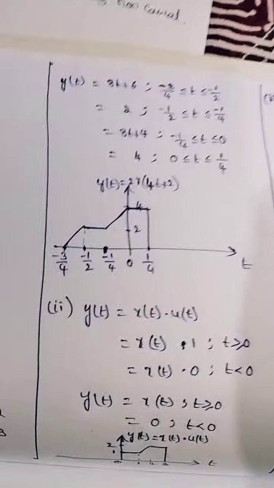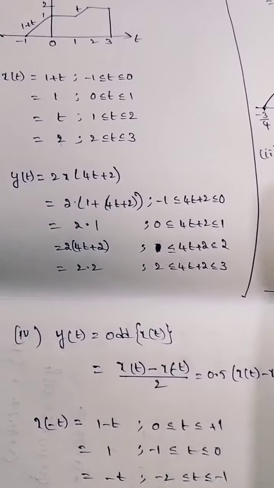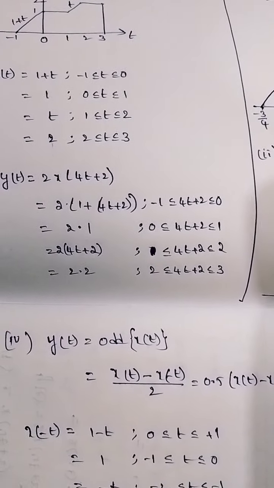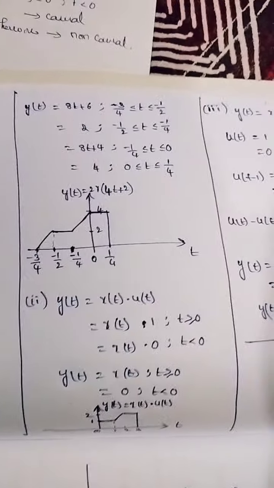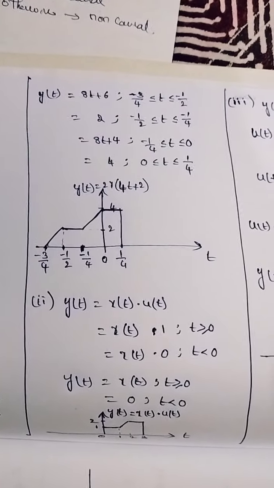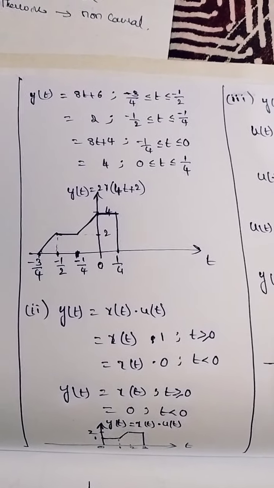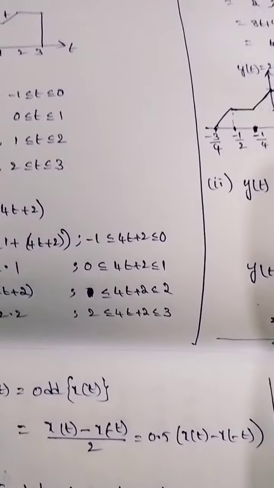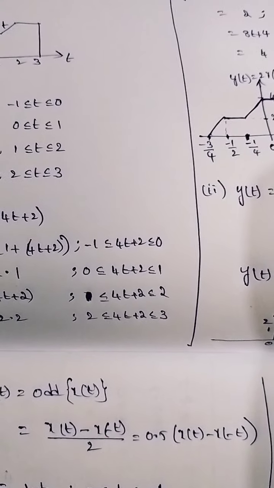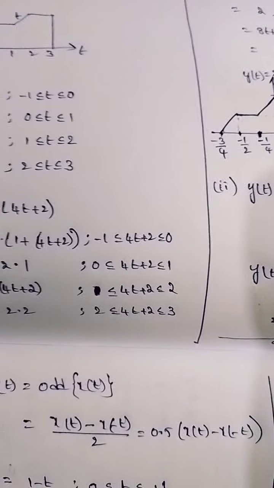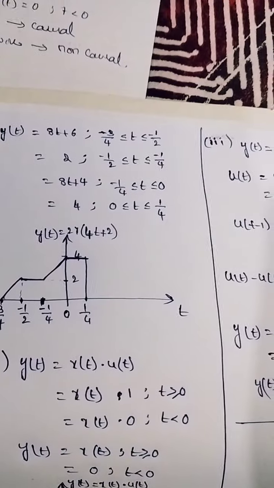So y of t is equal to, just the multiplication, 2 into 1 plus 4t plus 2 gives 8t plus 6. That means the range is -3 by 4 to -1 by 2. Here -1 by 2 comes from 0 minus 2 divided by 4, -2 by 4 gives -1 by 2.